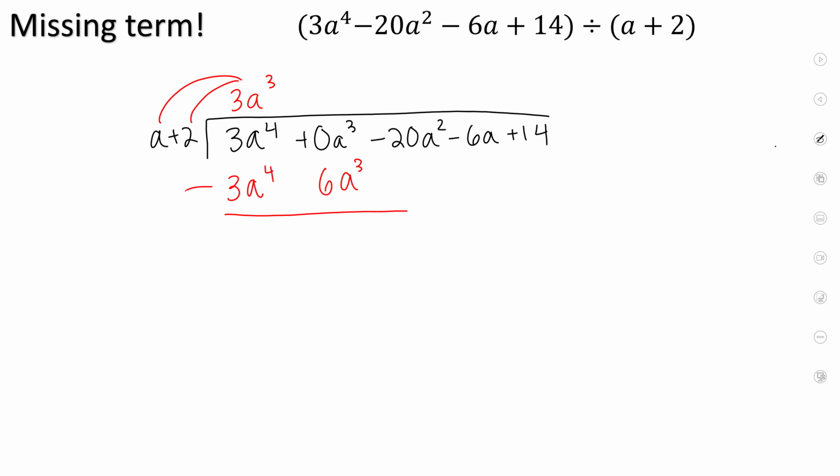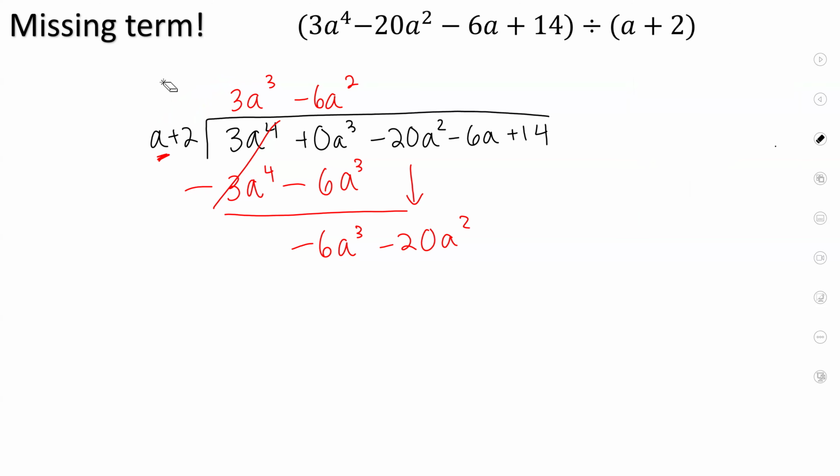Change the signs. All right, so this is negative 6a cubed. Bring down the next item. All right, so we have to ask ourselves, a times what will give you negative 6a cubed? Perfect, negative 6a squared.